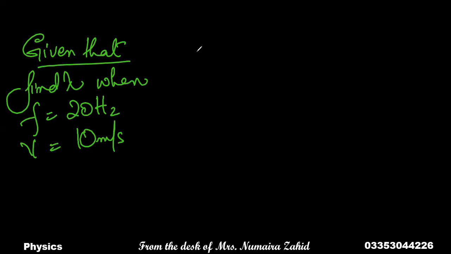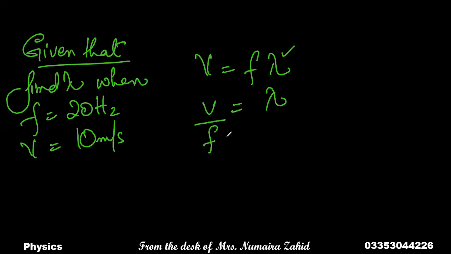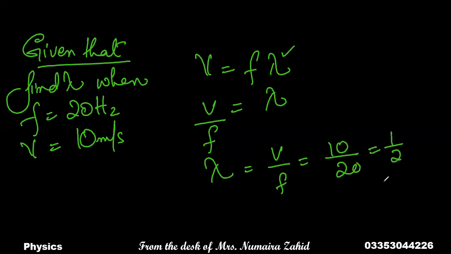Using the same relationship, in order to make lambda the subject, we need to divide velocity by frequency. Here, lambda is equal to V over F, that is 10 over 20. It becomes 1 upon 2 or 0.5 meters. Hence, we have got the value of wavelength as well.